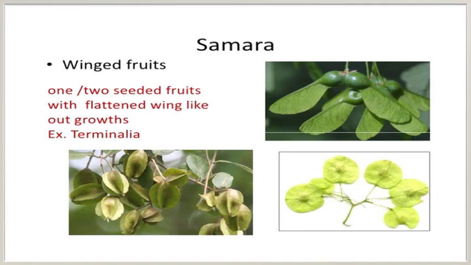These are called samara. As you observe in the figure, these are the seeds that possess these wing-like outgrowths. Such types of fruits are called samara.